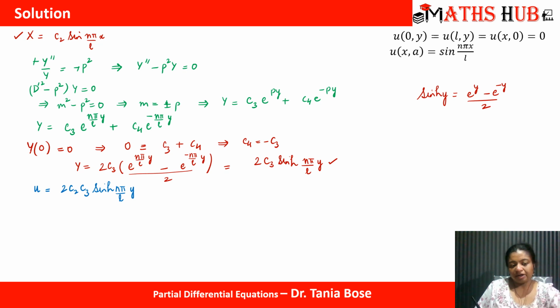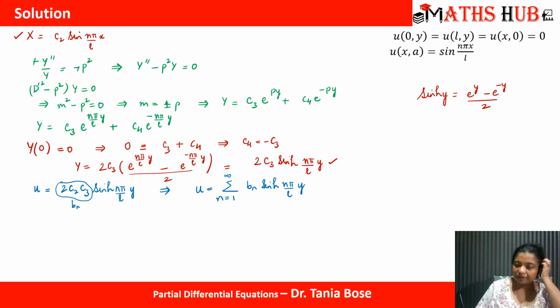Now for all linear values of n going from 1 to infinity, I can just name this as a constant Bn. So I can write u as summation n going from 1 to infinity Bn sine hyperbolic n pi by L into y, right? Now what is the last condition given to us?